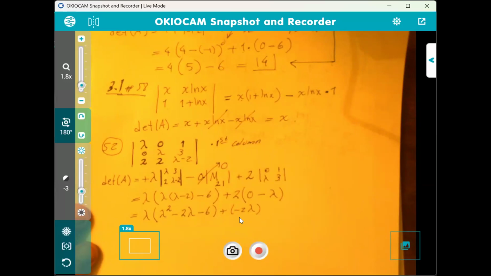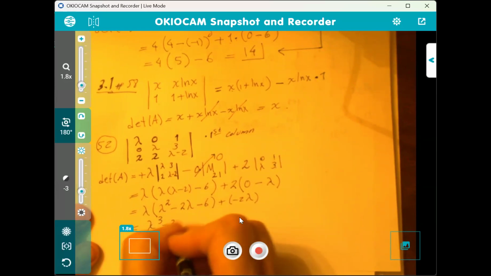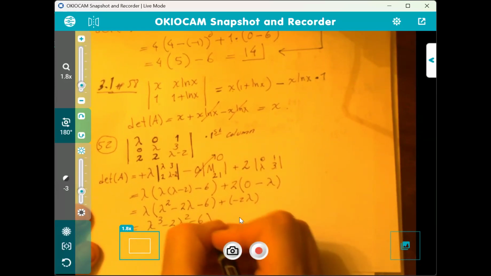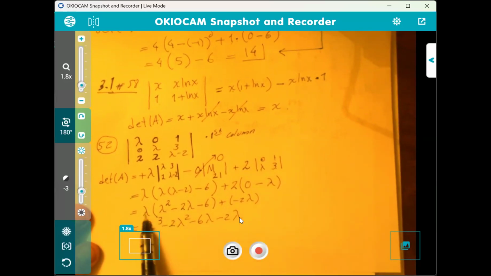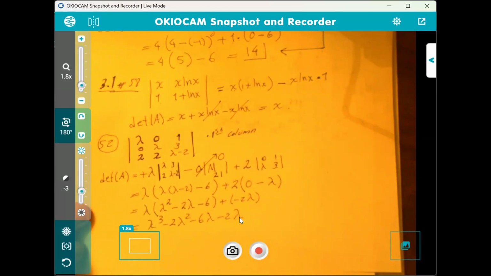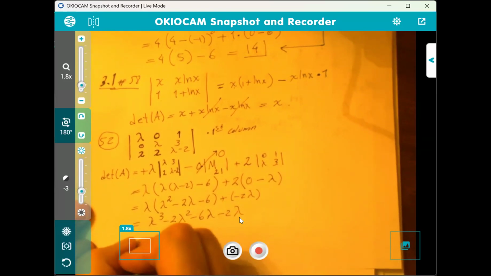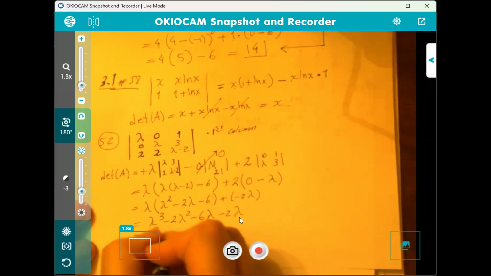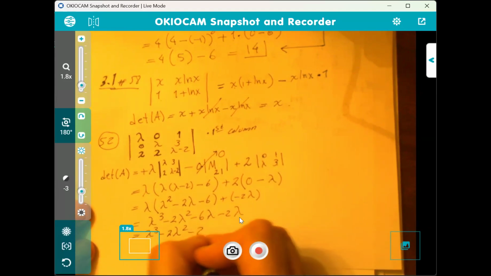And let's just distribute lambda here. We get lambda cubed, negative 2 lambda squared, negative 6 lambda, minus 2 lambda, right? I'm distributing the lambda to the quadratic. And then negative 2 lambda. We have a pair of like terms. When we combine those, we're going to get lambda cubed, negative 2 lambda squared, negative 8 lambda.